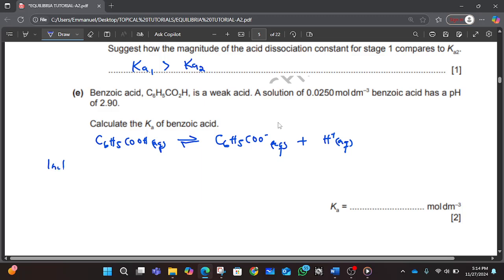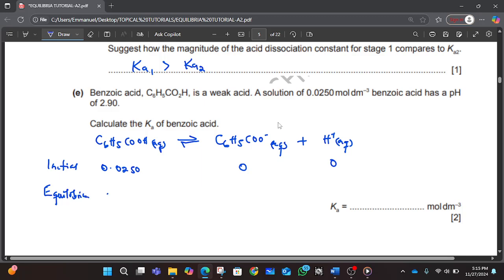Now, for the initial concentrations, that of benzoic acid has been given as 0.0250 mole per decimeter cube. But at the start of the reaction, the benzoic acid has not dissociated yet, so this will be 0 and 0.